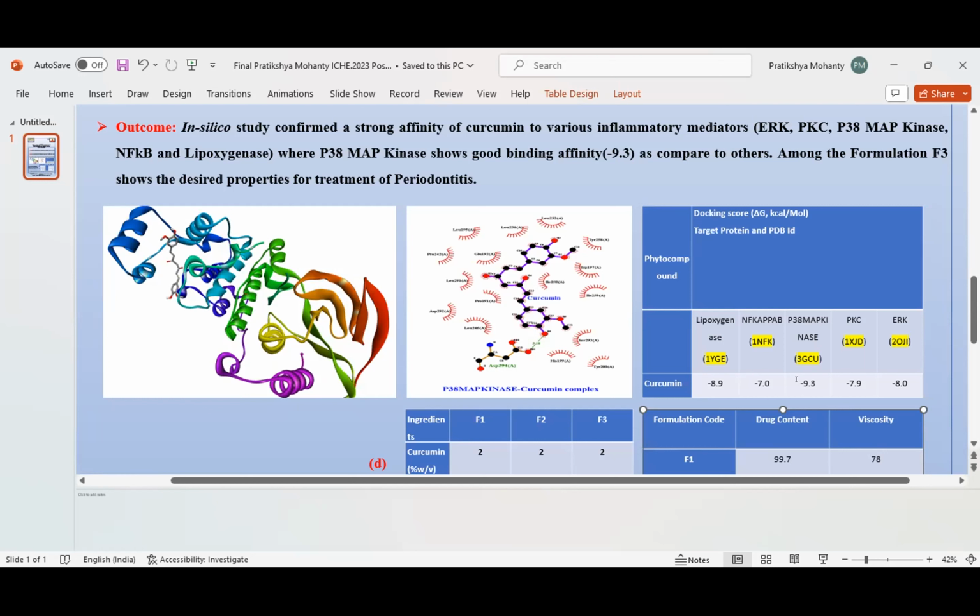Lastly, I'm just telling you that in literature COX-2 has a value of minus 7 point something, ma'am. So I decided to dock with P38 MAPK1 kinase, for the normal study, to see who has the good binding affinity. But compared to COX-2, P38 MAP kinase shows a good result, ma'am, minus 9.3.